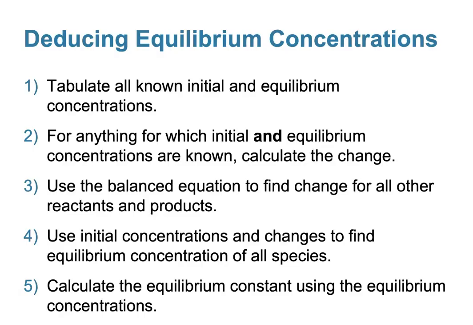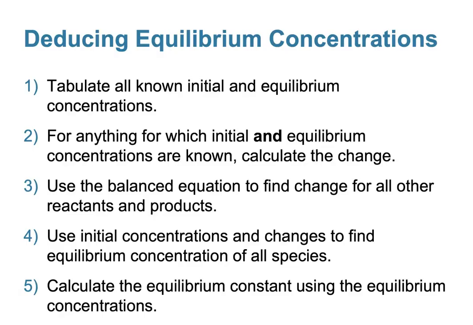Remember, the initial concentration for the products is always going to be 0 because initially there are no products. And then you use the balanced equation to find the change for all other reactants and products. You can then use the initial concentrations and the changes to find equilibrium concentration for all species.